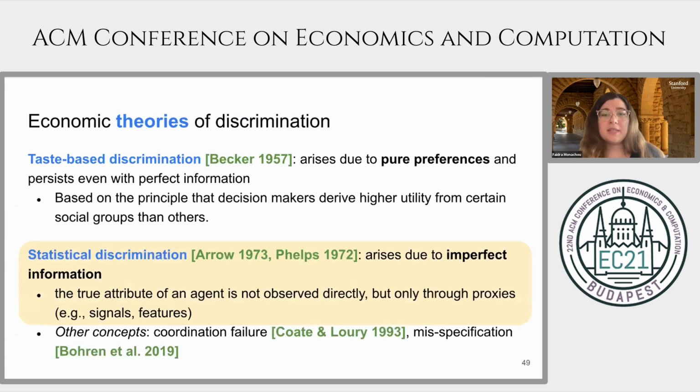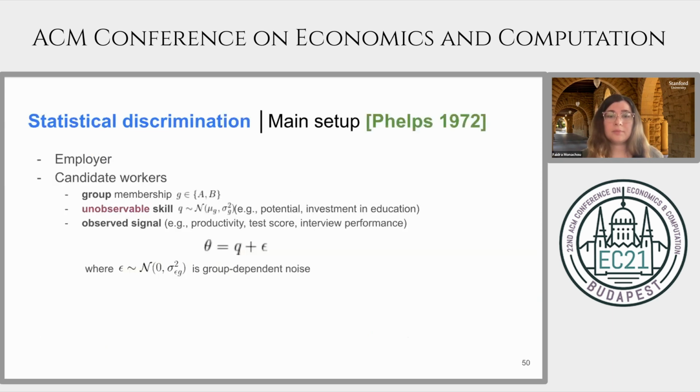So this was the main example of taste-based discrimination. Okay, so we can now see how Phelps defined his statistical discrimination model that, in contrast to Becker's model, now assumes that imperfect information, and not taste and preferences, is actually the source of discrimination. So we have the same labor market setup as before, but the model is even simpler than the previous one.